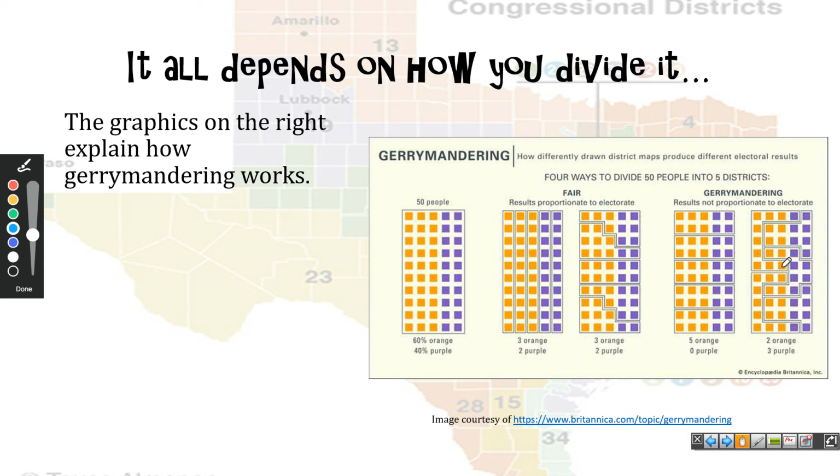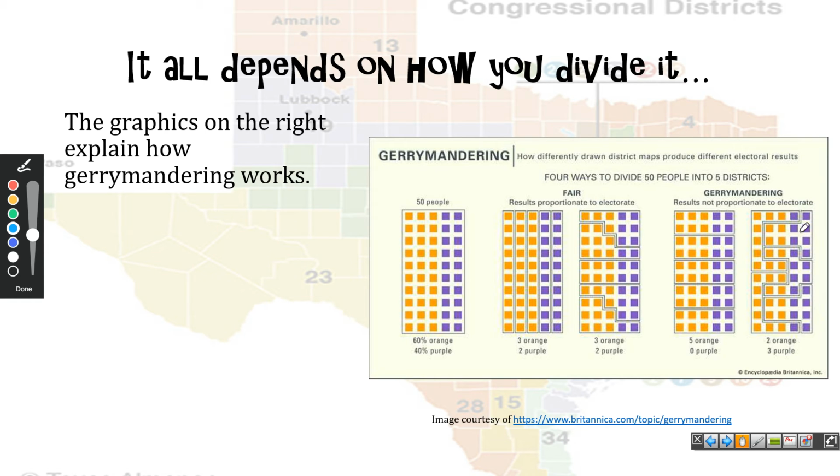Same thing on the top left. Another C-shaped district, you have 9 oranges and 1 purple. Now, the orange party is going to overwhelmingly win those elections. They have 9 times as many voters packed into that district. Let's remember that word here in a minute.